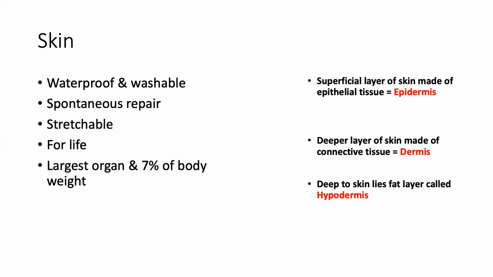The skin has two layers: the superficial epidermis layer, which is made of stratified squamous epithelium, and the deeper dermis layer, which is made of connective tissue. The layer underneath the dermis, which is called hypodermis, is not included in the skin.